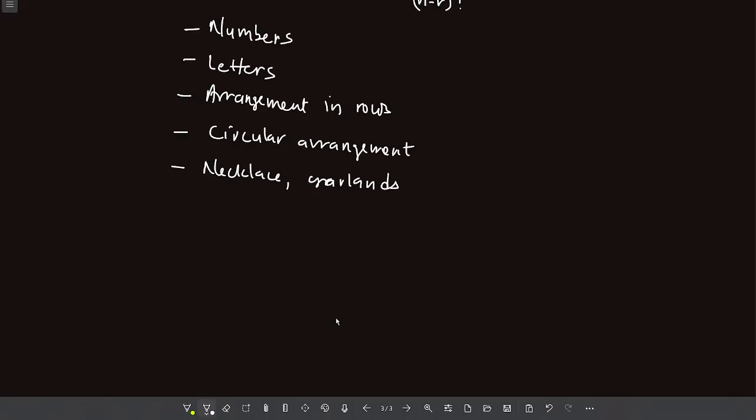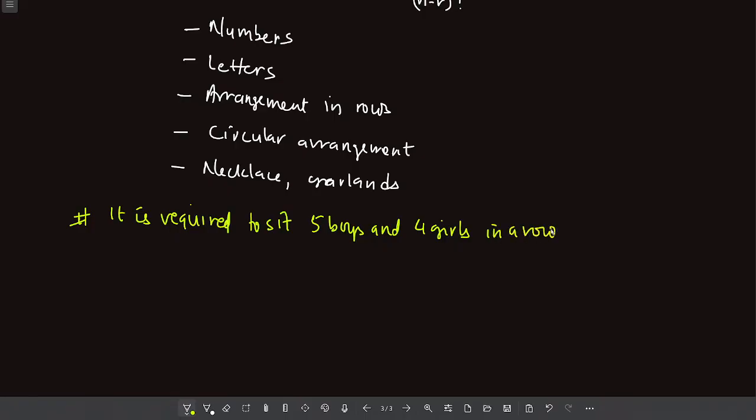Okay, let's do some questions. The first question is: it is required to seat 5 boys and 4 girls in a row so that the girls occupy the even places.